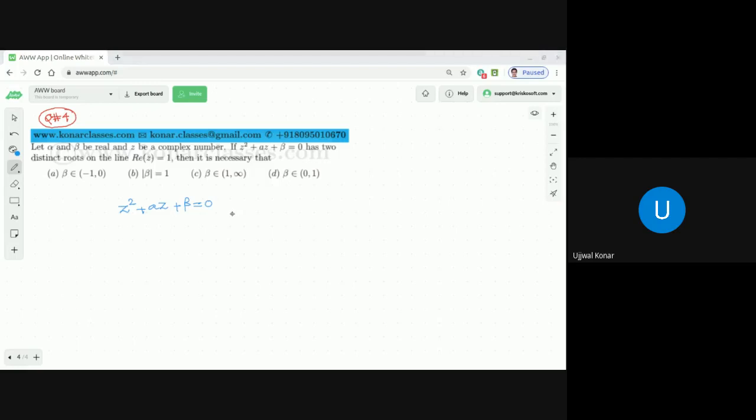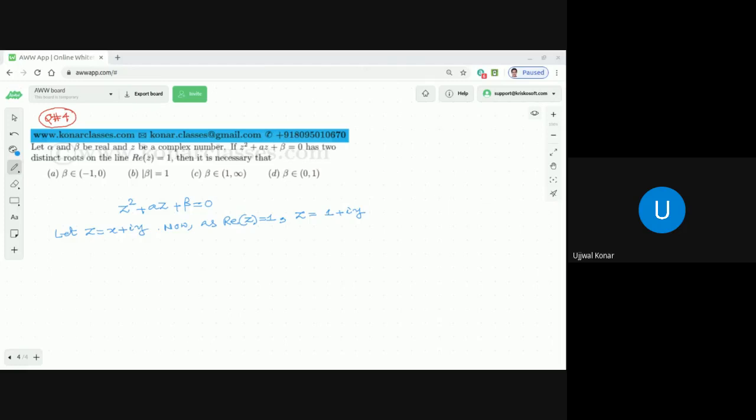Now let's assume z is equal to x plus iy. But what is given? The real part of z is equal to 1. As the real part of z is equal to 1, that means x is equal to 1. So we get z is equal to 1 plus i into y. Correct, not dear students?